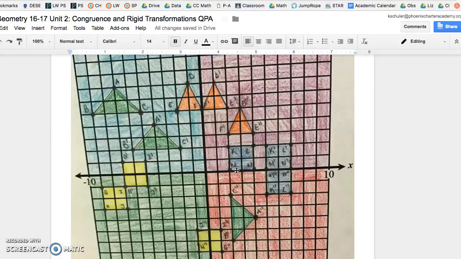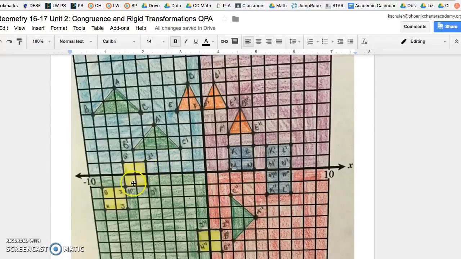What I mean by that is if we were to take shape ABC, I would be able to see ABC, A prime, B prime, C prime, as well as A double prime, B double prime, C double prime. So you have the pre-image, the post-image, and then the post-image after the post-image for each of these shapes.